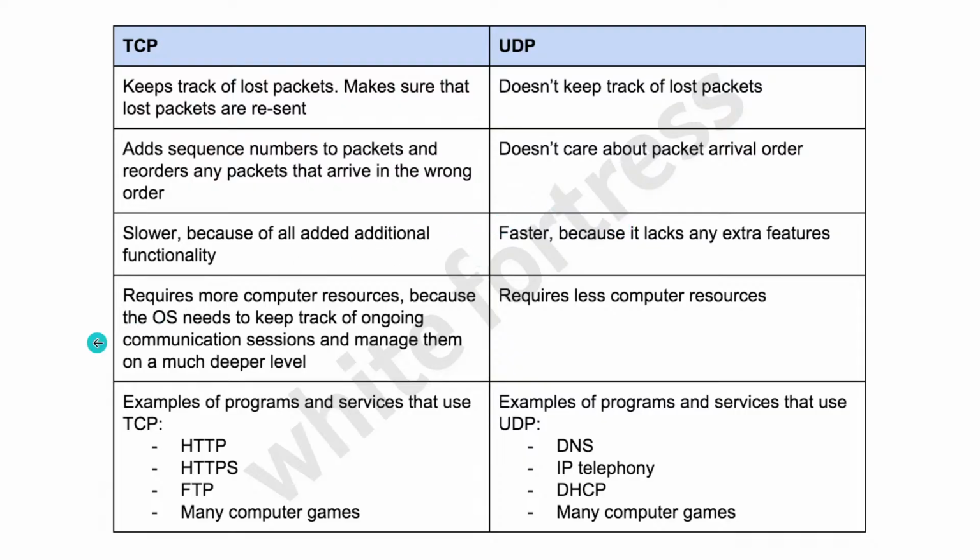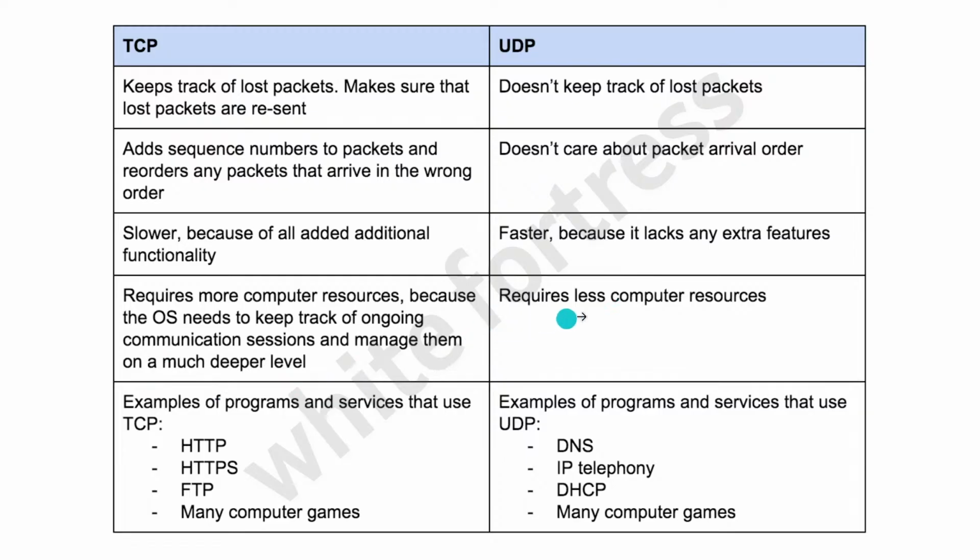Next, TCP requires more computer resources because the operating system needs to keep track of ongoing communication sessions and manage them on a much deeper level. So TCP will be using the operating system resources, whatever your computer resources are, and will keep managing the session at a much deeper level.